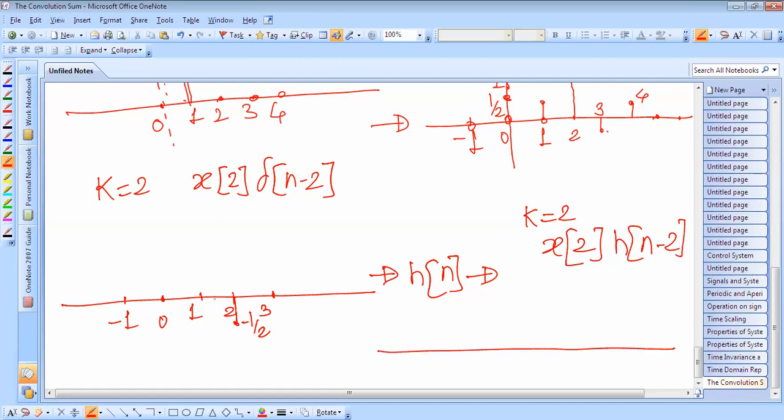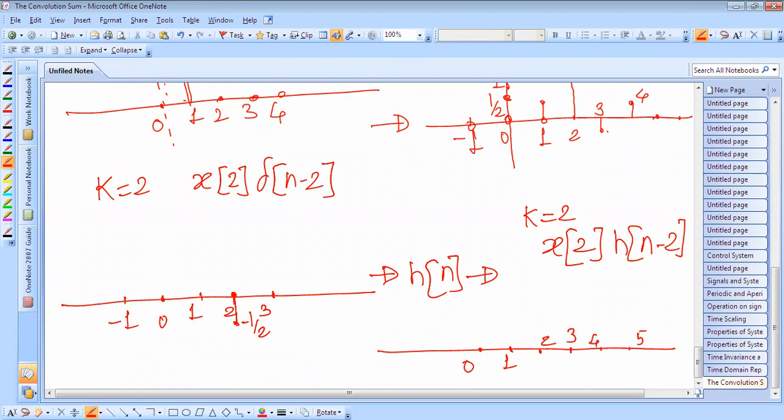We have to add this signal. So the signal is only at x of 2, it is -half. So -half is added with the impulse response, which is shifted by n minus 2. And if you do that, we'll get these signals like this. It is 0, again 1, 2, 3, 4, and 5.